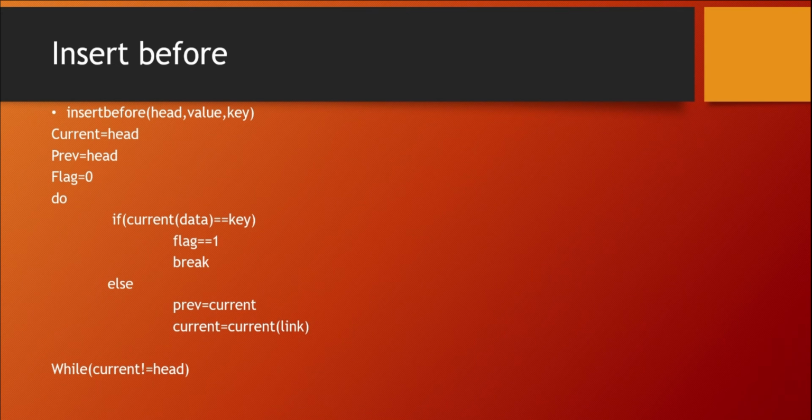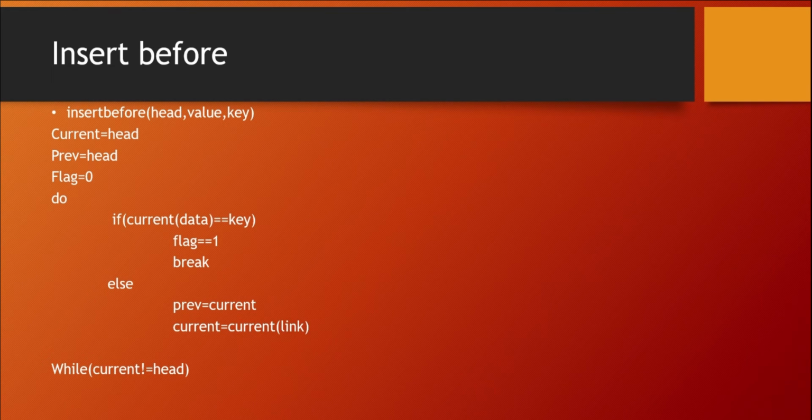Next comes the insert before algorithm. Here too we need a specified key so that we can insert the value before that specific key. The algorithm says current equal to head and previous equal to head, and here also we set a flag equal to 0.